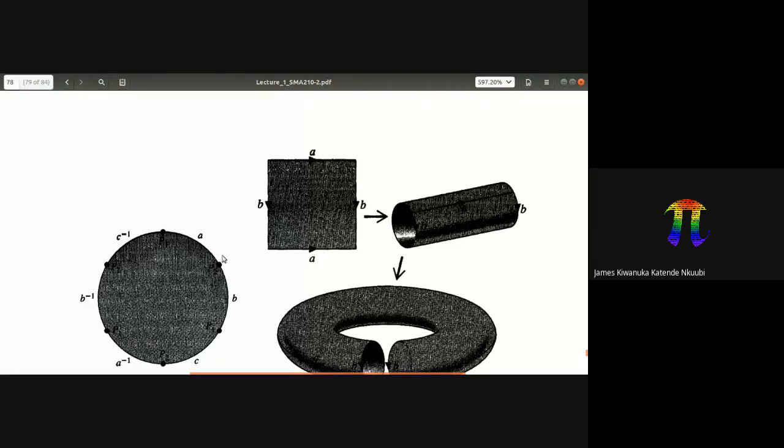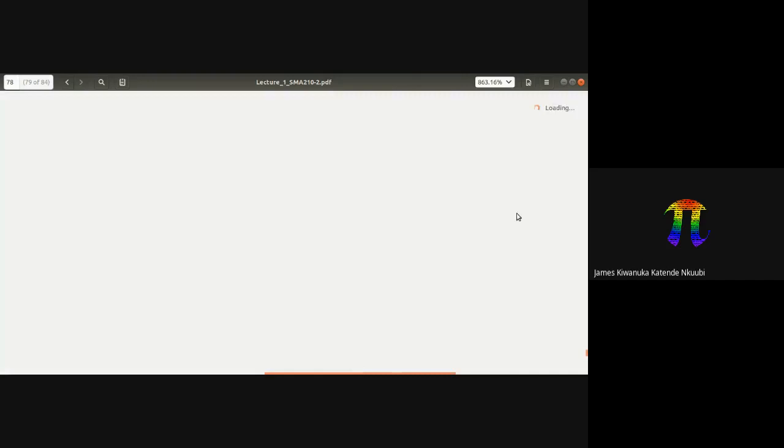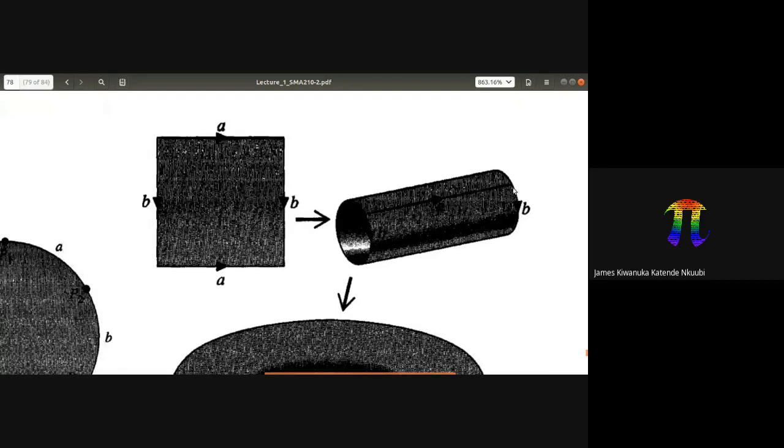So what happens when you join using this plane model? The first round, these 4 vertices will join to become 2. So there'll be a vertex here and a vertex there. I don't know if this is making sense. There'll be a vertex here and there'll be a vertex there, right?